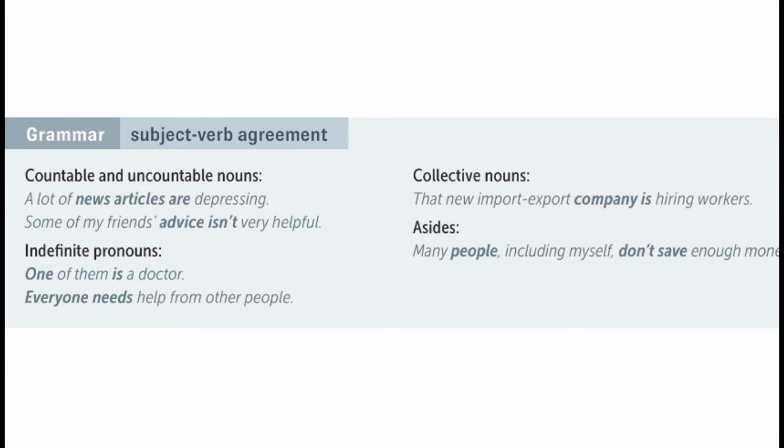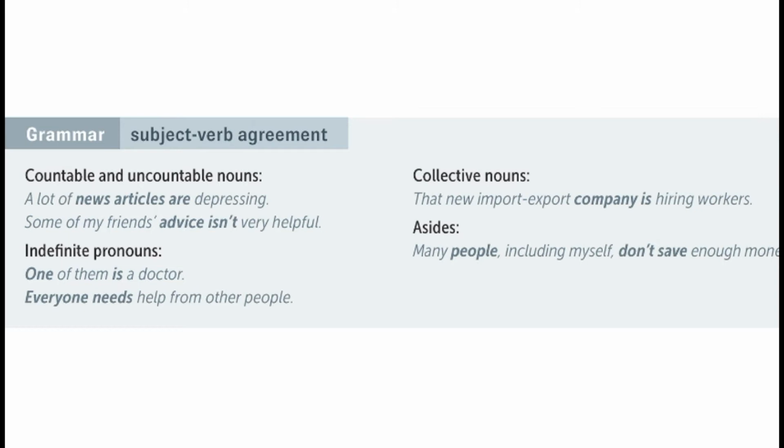With indefinite pronouns. Examples: One of them is a doctor. One is an indefinite pronoun. When I say one of them, the idea of them is plural, but the verb is agreeing with one, because I'm talking about one indefinite pronoun indicating the third person singular. One, someone is, right? One of them is.